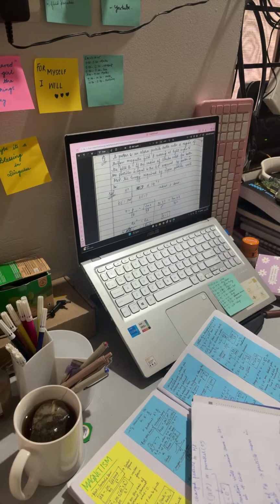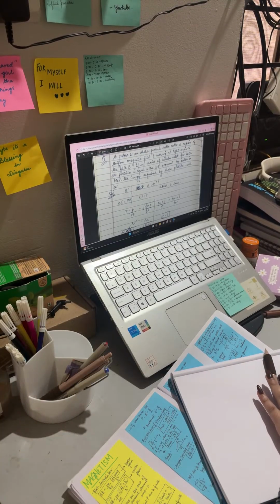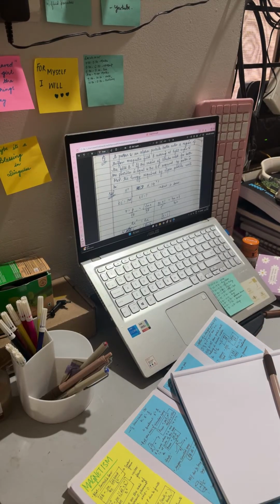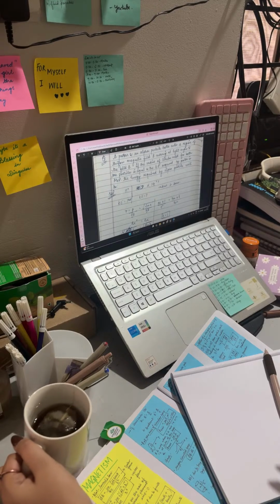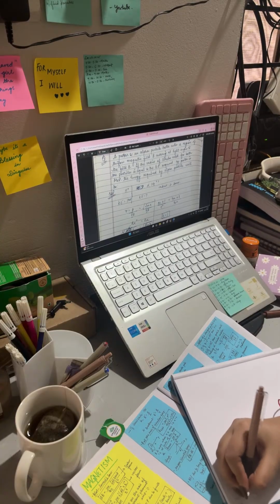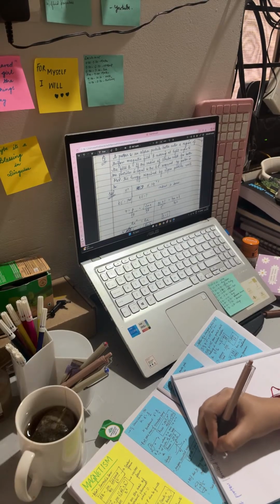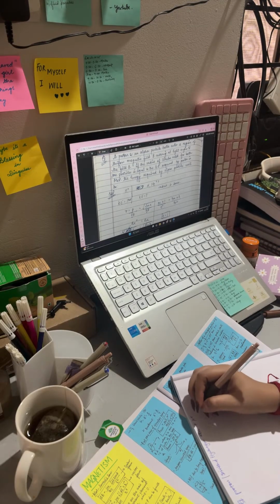A proton and an alpha particle both enter a region of uniform magnetic field. Proton is again ionized hydrogen atom, H positive.